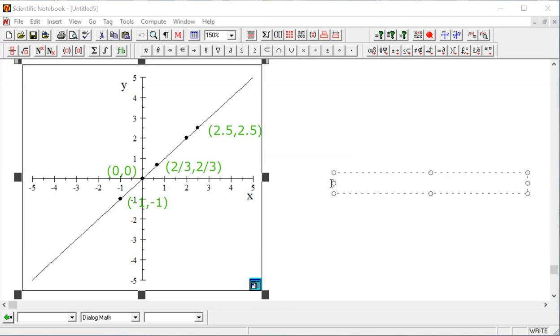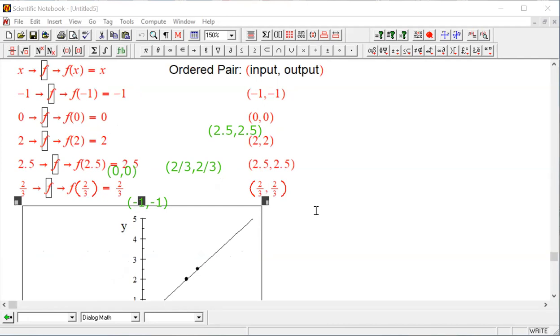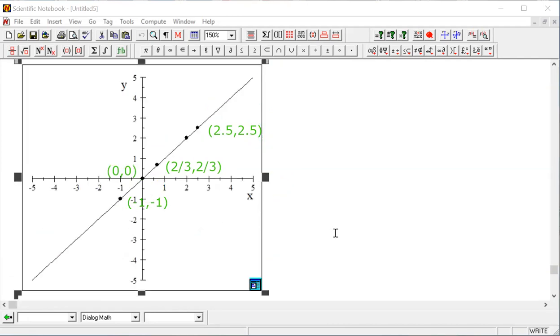So you can see a function, once a rule is determined, domain is determined then, range is determined then, and graph is determined then. But this graph is very illustrative, because what does it tell us? It tells us a lot of information.